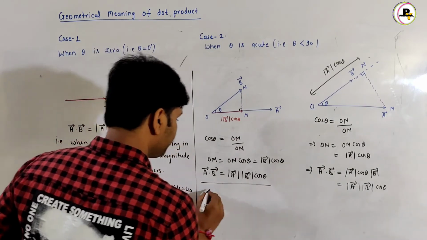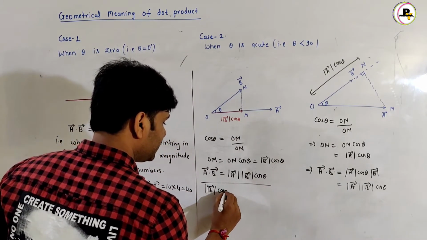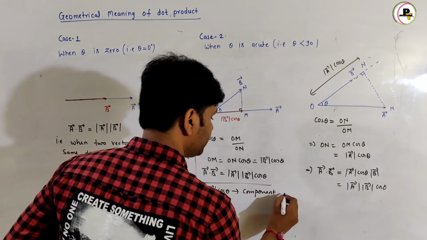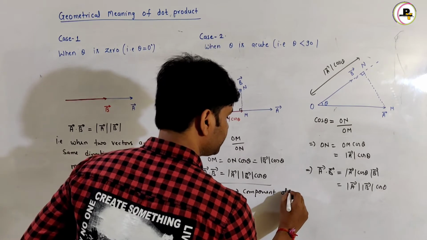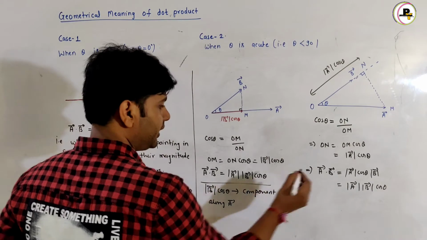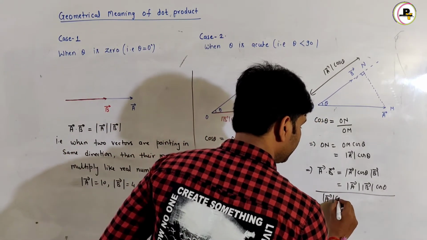Here I can write mod of vector B cos theta is what? Component of B vector along A vector, and here in this case mod of vector A cos theta is what?